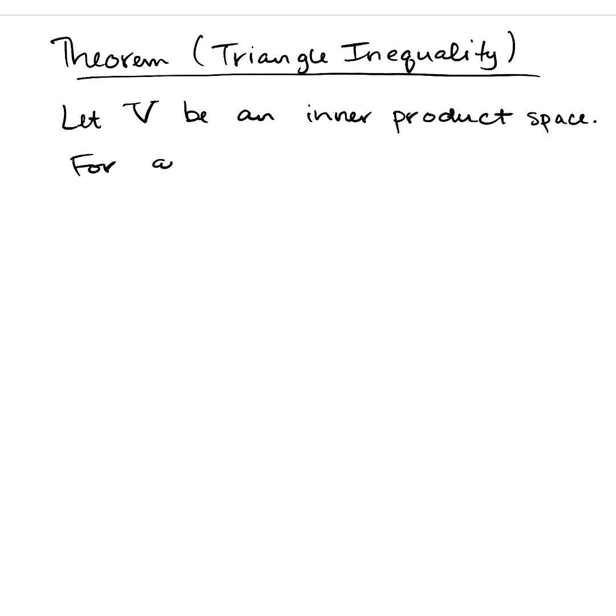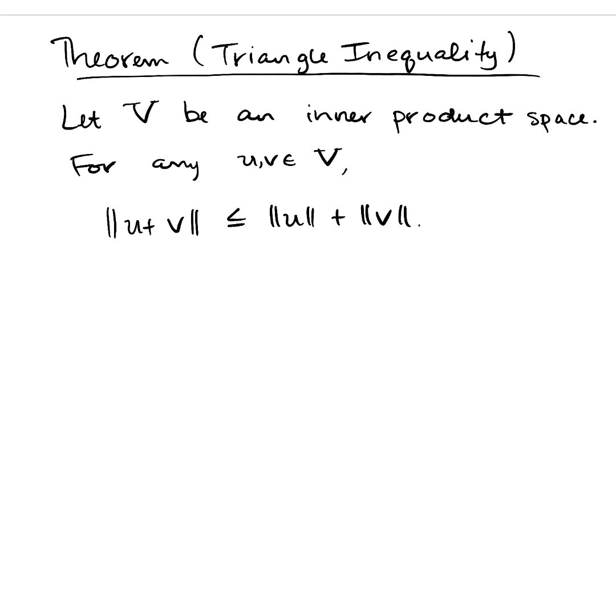For any U and V that belong to big V, the norm of U plus V is less than or equal to the norm of U plus the norm of V. So that inequality there people call the triangle inequality, and it's wildly important in all sorts of branches of mathematics, and in particular right here as we study inner product spaces.